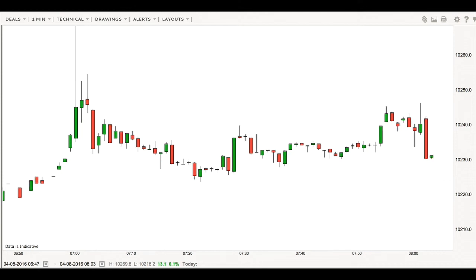So if a pin bar was to form at the high of a range or the low of a range, then it could indicate that prices have been rejected from the extreme of that range, and therefore what might follow is a move back within the range and towards the opposite side of the range. And as you can see in this particular instance, it was followed by a large bearish bar.